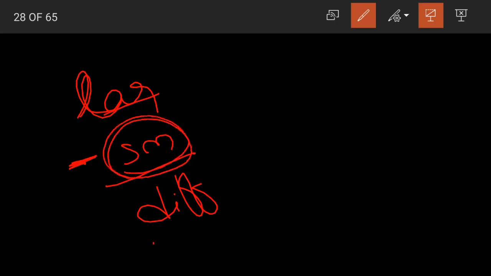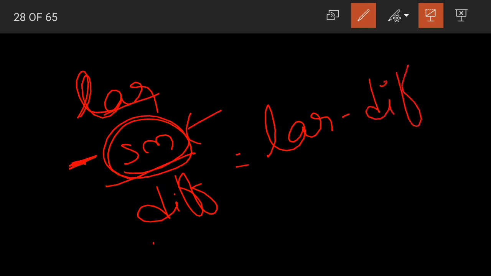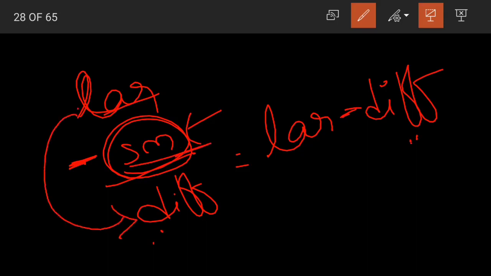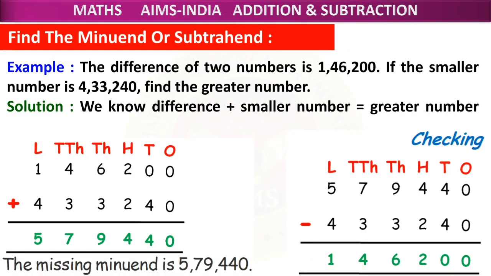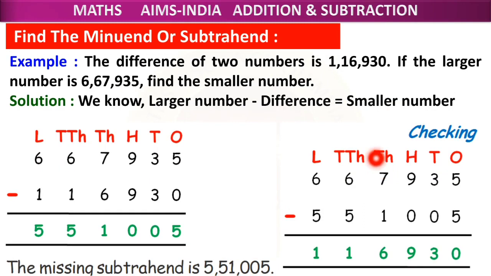In the same way, to find out the smaller number, you need to subtract the difference from the larger number. Understood? Larger number minus difference gives us the smaller number. You need to be very careful whether you are finding the larger number or the smaller number. For the larger number, we add the difference to the smaller number, and for the smaller number, we subtract the difference from the larger number.